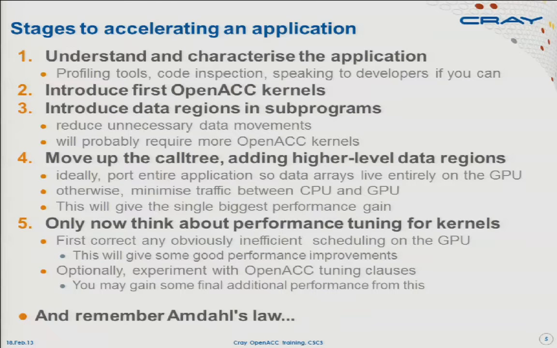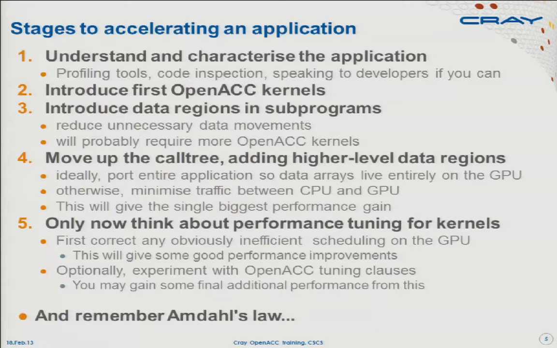Then you start by starting. You make your first OpenACC kernels. Then you want to start putting in data regions because you want to start minimizing data transfer. You start doing that down in the low levels of the call tree. But eventually you're going to move up the call tree so that more and more of your application is within bigger and bigger data regions so that your arrays never move.